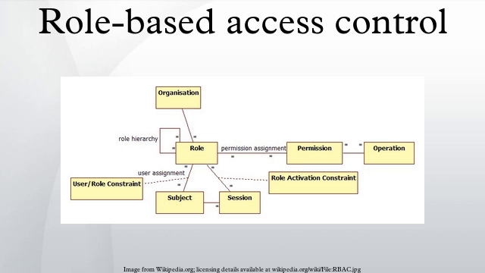A 2010 report prepared for NIST by the Research Triangle Institute analyzed the economic value of RBAC for enterprises, and estimated benefits per employee from reduced employee downtime, more efficient provisioning, and more efficient access control policy administration.